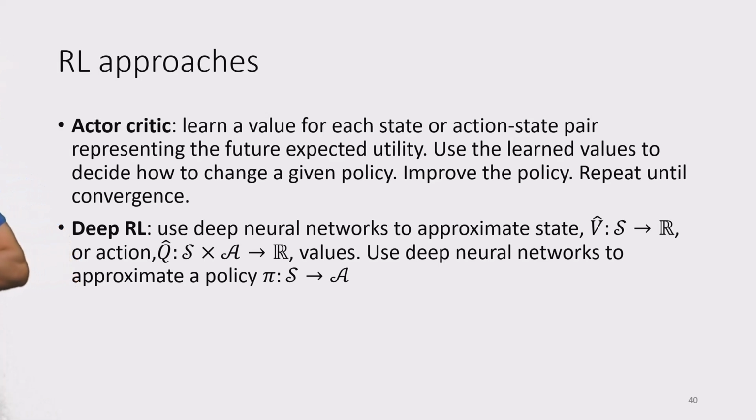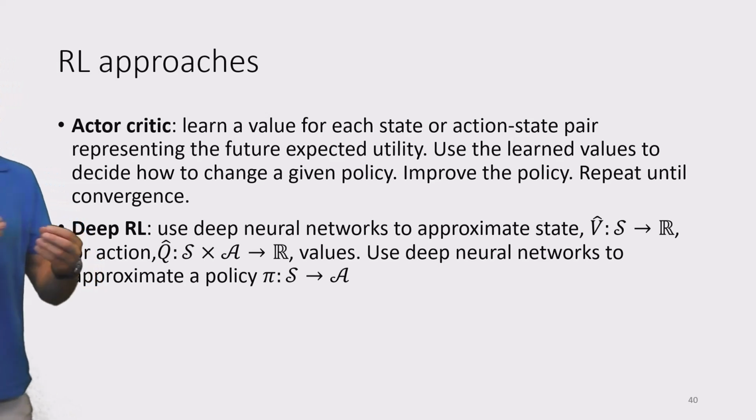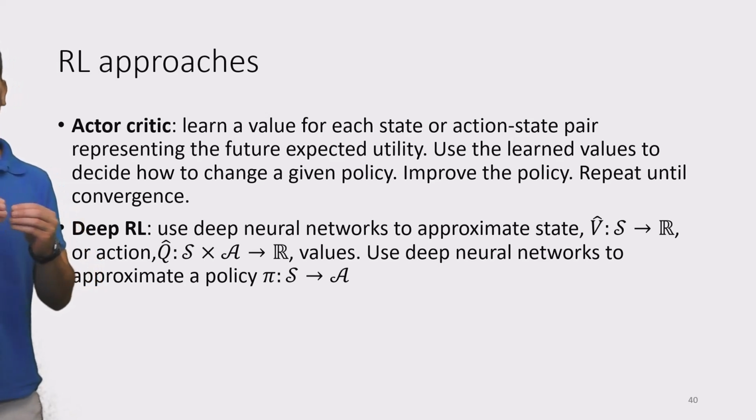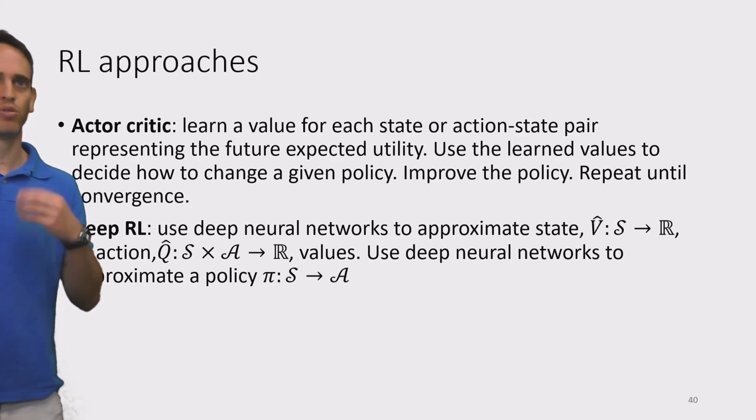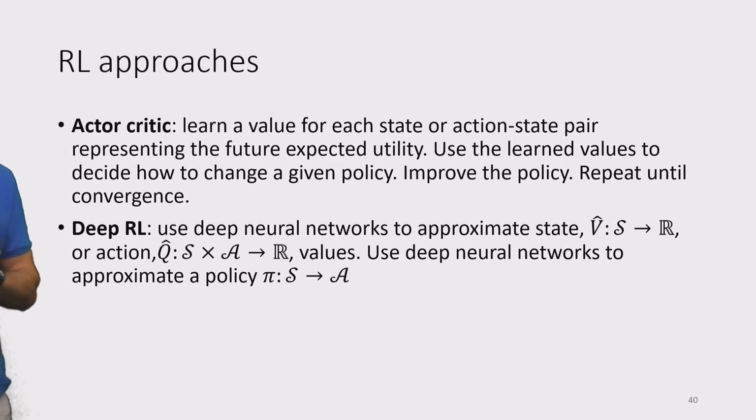So we improve the policy and then repeat this process until convergence. This is a combination of the value-based approach and the policy-based approach. We combine both of them. These are mostly state-of-the-art approaches, and these days they follow an actor-critic architecture.